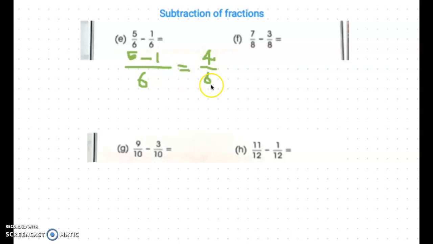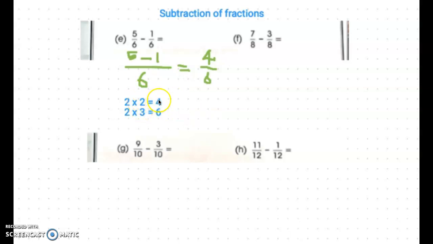Now see, 4 and 6. 6 is not a multiple of 4, though they are both multiples of 2, isn't it? Like 2 times 2 I can get 4, and 2 times 3 I can get 6, right?